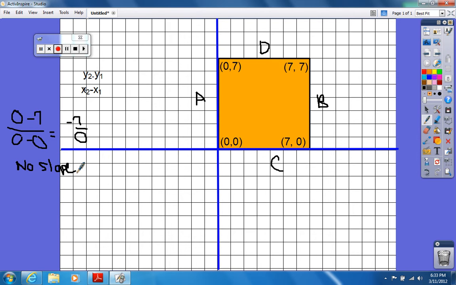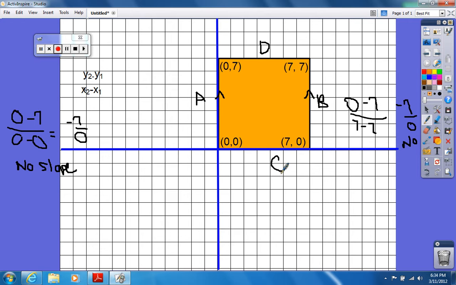Okay, so now we're going to look at side B over here, and we are going to do 0 minus 7 over 7 minus 7, which again gives us negative 7 over 0, which is no slope. I'm just going to write "no" to be short. And because they're the same slope, these two lines are parallel. So we can do the little parallel symbol on those, the little arrows.